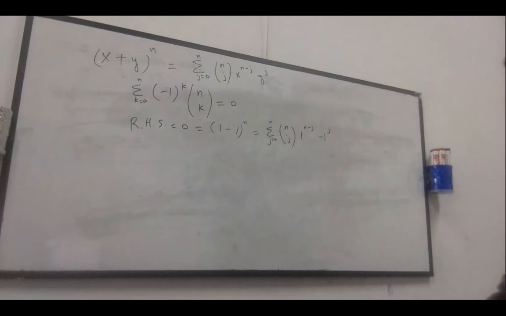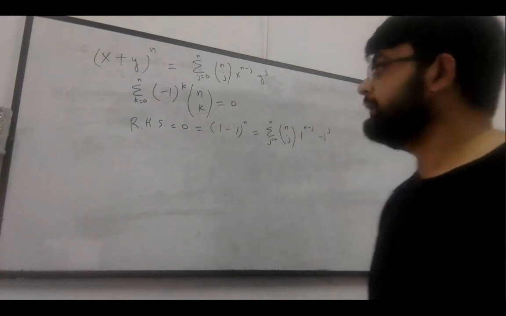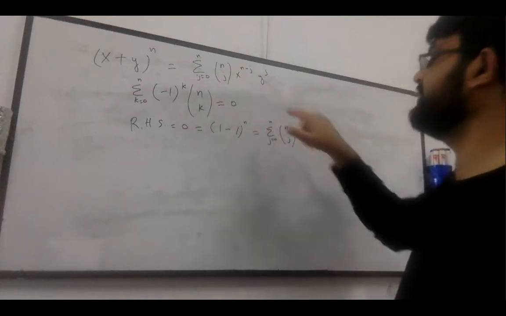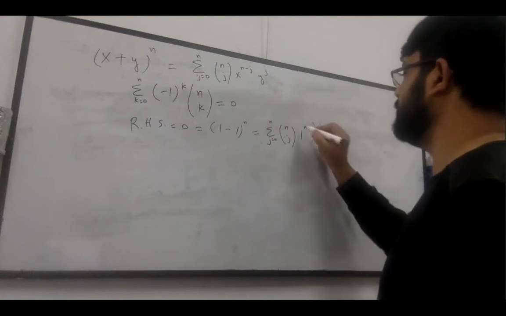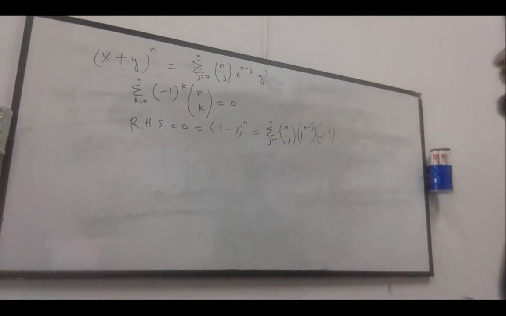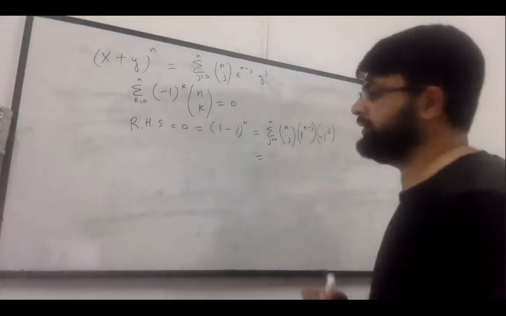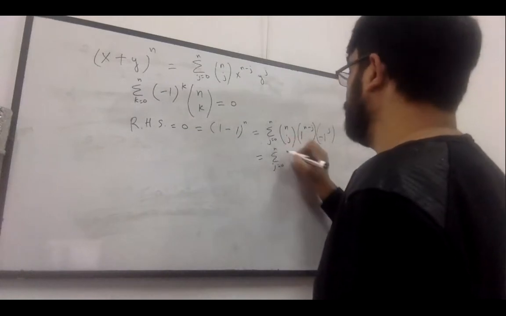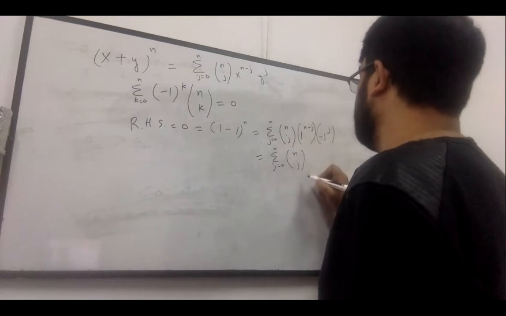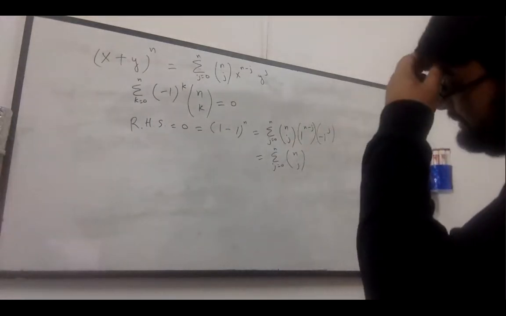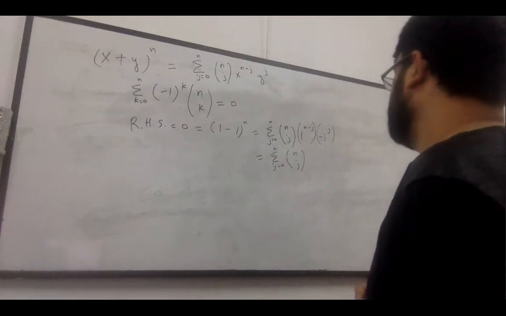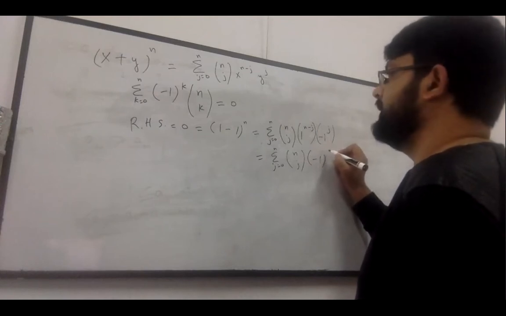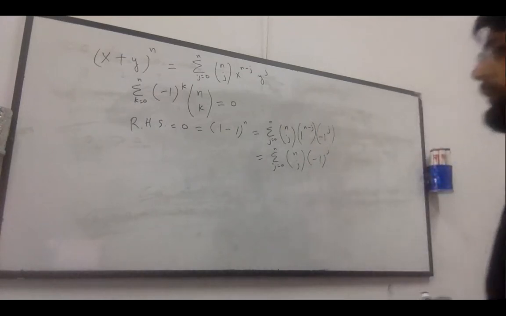Is it correct? I've just expanded this one into this. x is 1, y is minus 1, and I can represent it like this to avoid confusion. And now we know that 1 raised to the power anything is 1. So this comes out to be the summation over j equals 0 to n of n choose j times (-1)^j as well, right? So this is the overall thing.